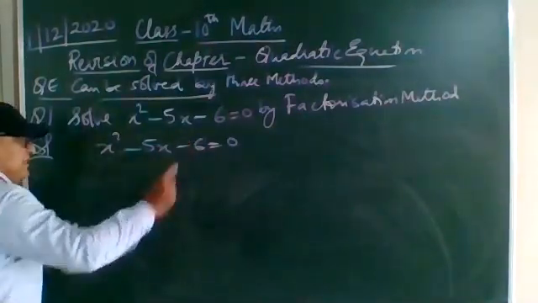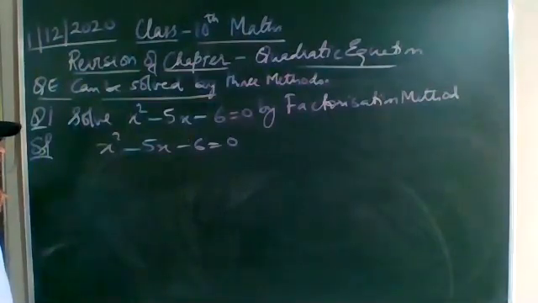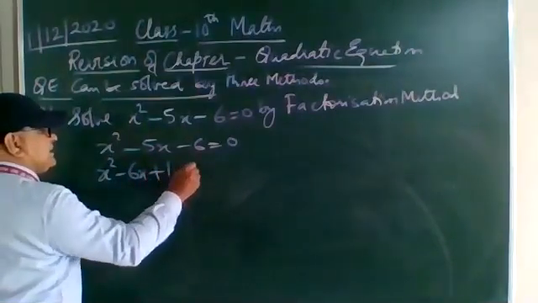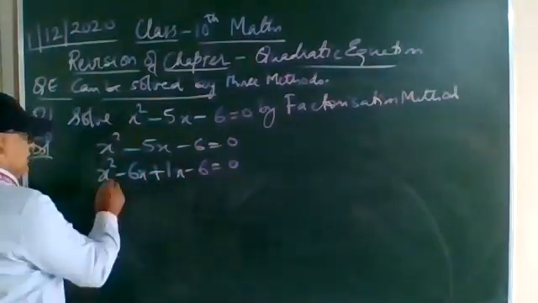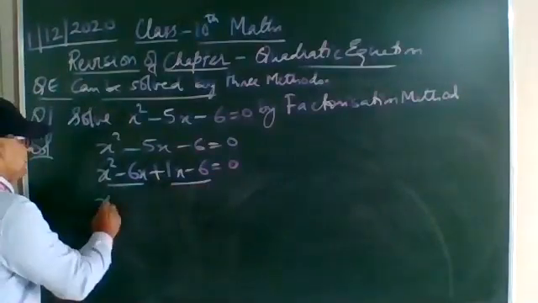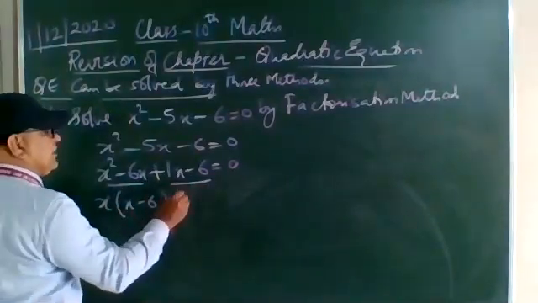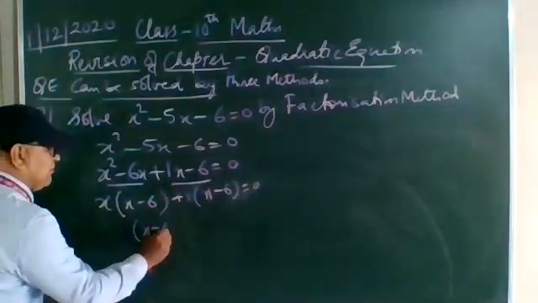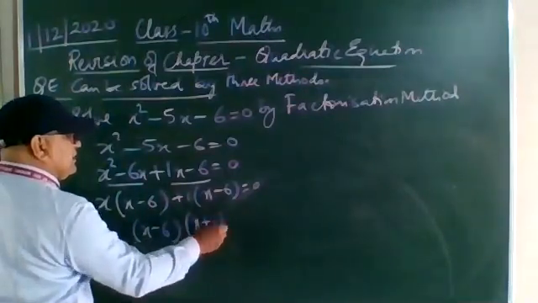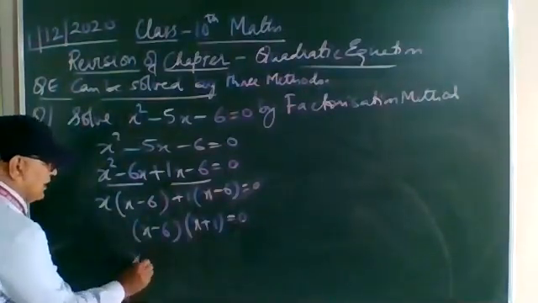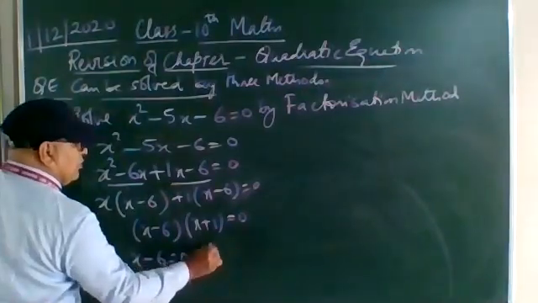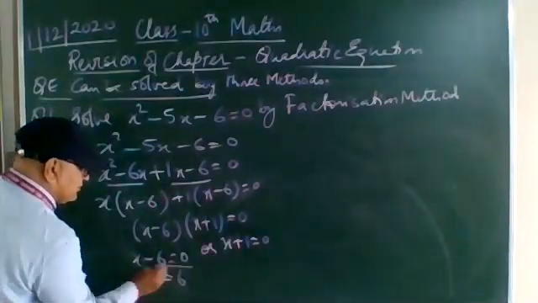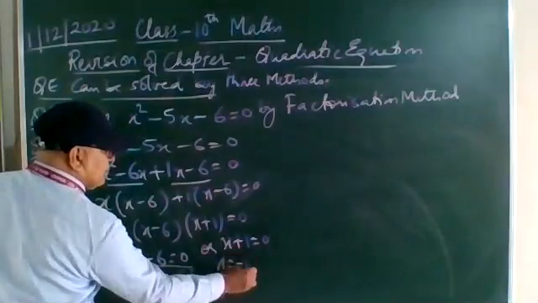Factors of 6 are 1 and 6, and 2 and 3. x square minus 6x plus 1x minus 6 equal to 0. x minus 6 plus 1, x minus 6. x minus 6, x plus 1 equal to 0. x minus 6 equal to 0 or x plus 1 equal to 0. x equal to 6, x equal to minus 1.